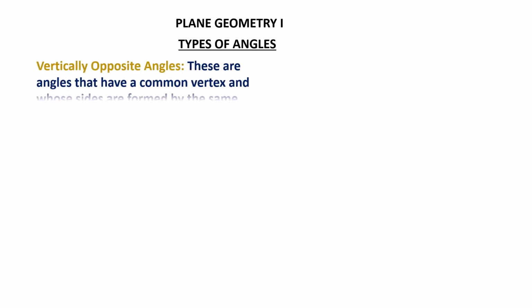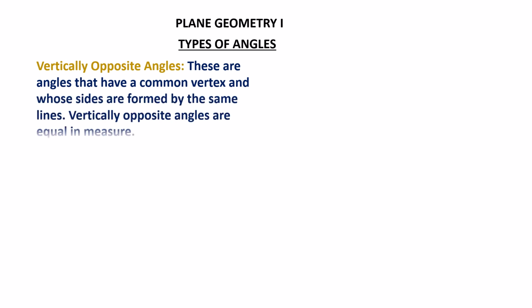The next angle we are going to look at is what we call vertically opposite angles. These angles have a common vertex and they are formed by the same lines. Vertically opposite angles are always equal in measure. Now, how do you identify vertically opposite angles on a diagram?